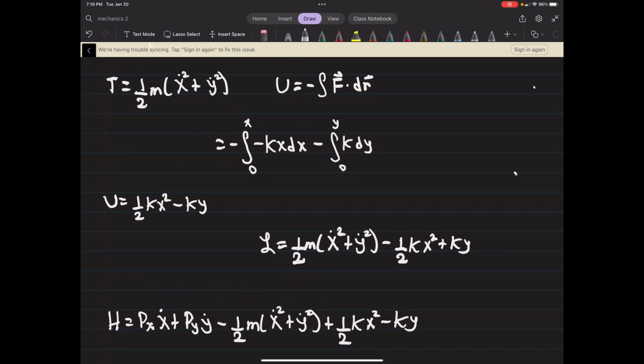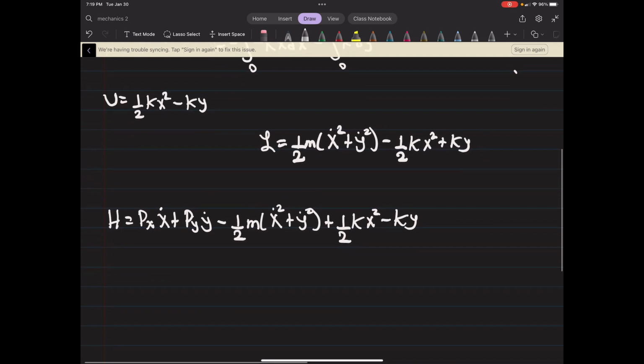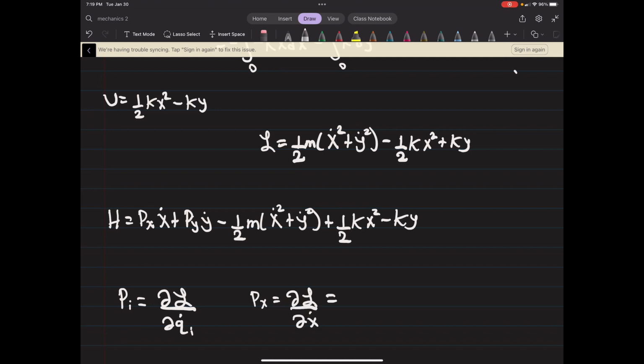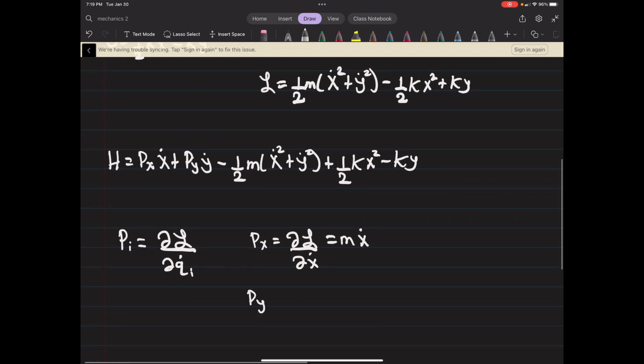Okay? Well, what we want to remember here is that our generalized momentum is the partial derivative of our Lagrangian with respect to the time derivative of that coordinate. So p sub x is the partial of the Lagrangian with respect to x dot, which is clearly m x dot, and py is defined similarly.